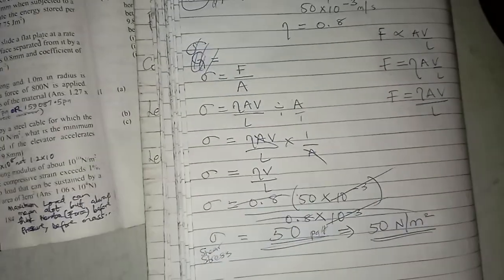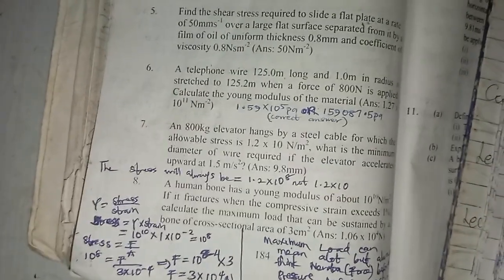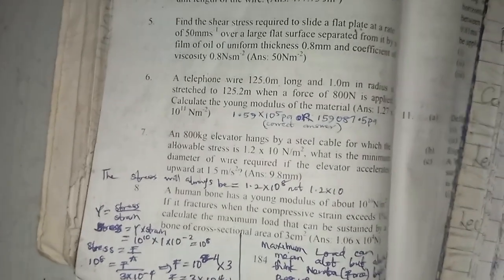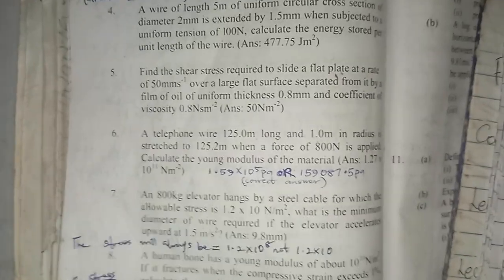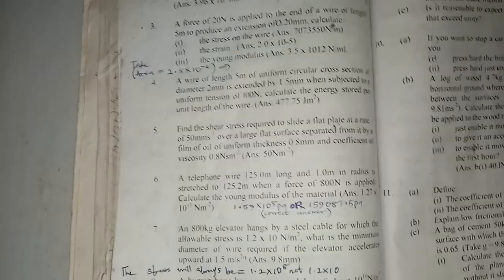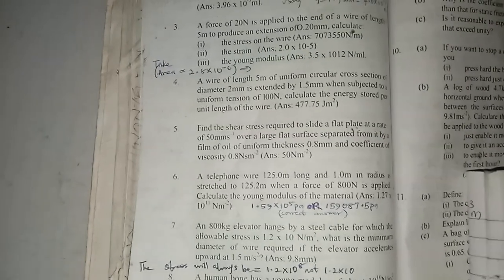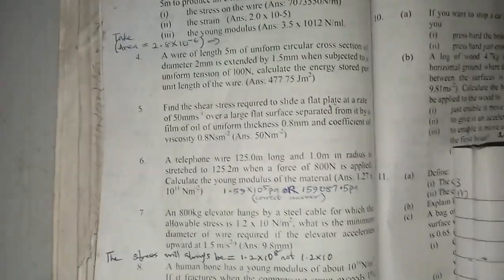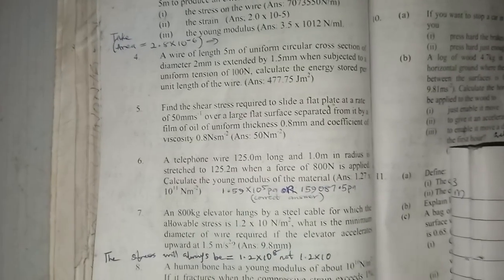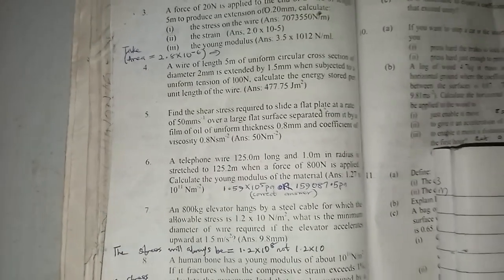So let's go to number 6. I'm trying to kill two birds with one stone, doing everything together. So number 6, they said a telephone wire 125 meters long and 1 meter in radius is stretched to 125.2. That stretched to means it is extended to, from 125 to 125.2.